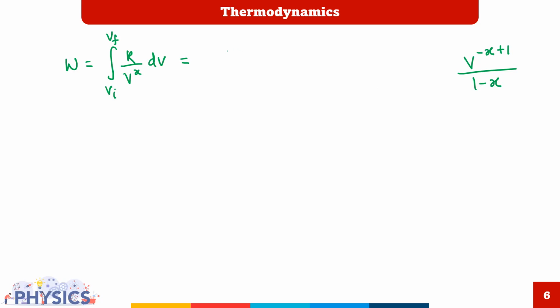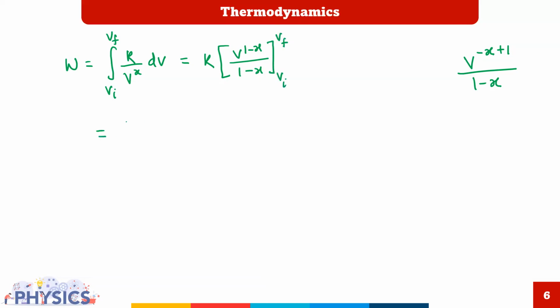So I can write this integration as K times, K is a constant outside of the integration, V^(1-X) divided by (1-X), from V initial to V final. Remember 1 minus X is also a constant.